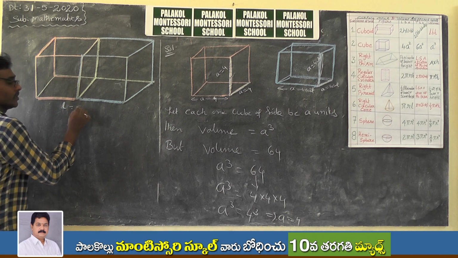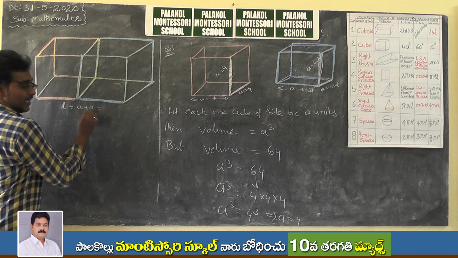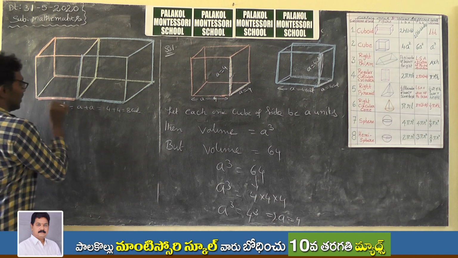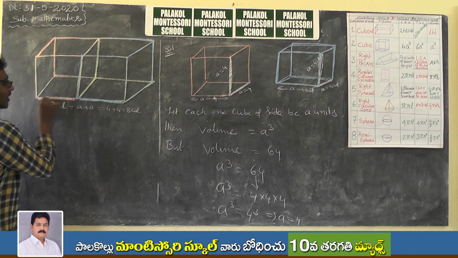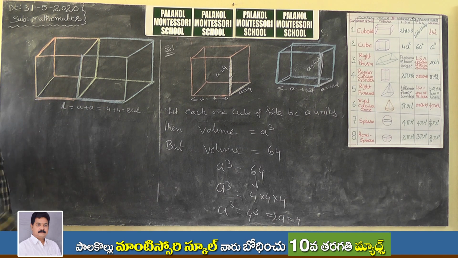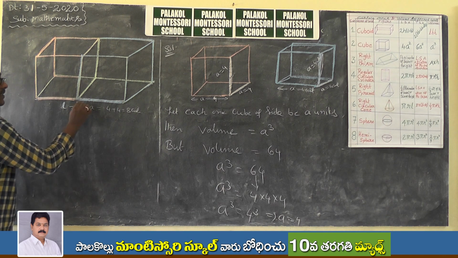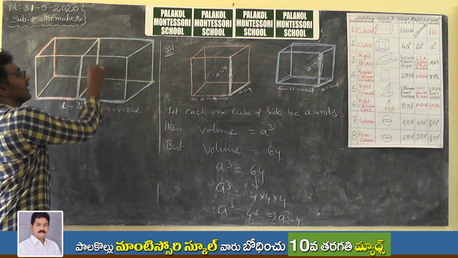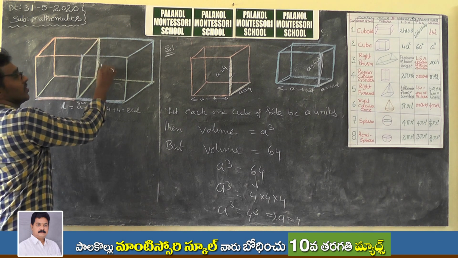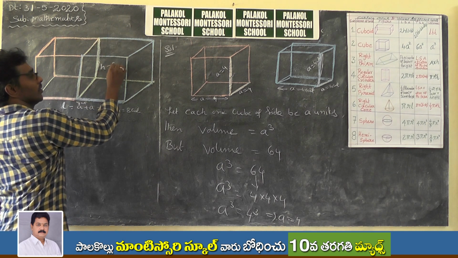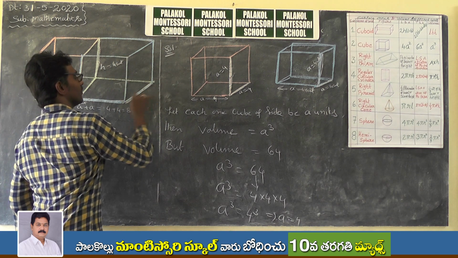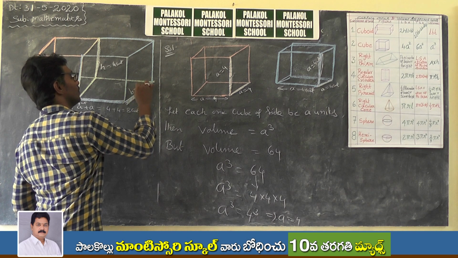Length of the cuboid is equal to A plus A, 4 plus 4 is equal to 8 centimeters. So this total length is 8 centimeters. The remaining is no change. Height is the same, h is equal to 4 centimeters, and breadth b is also equal to 4 centimeters.